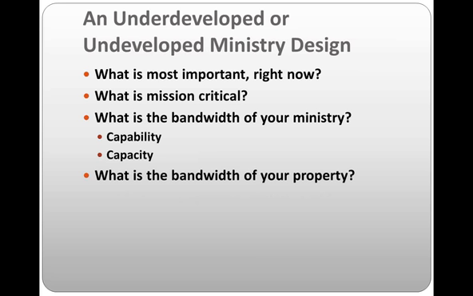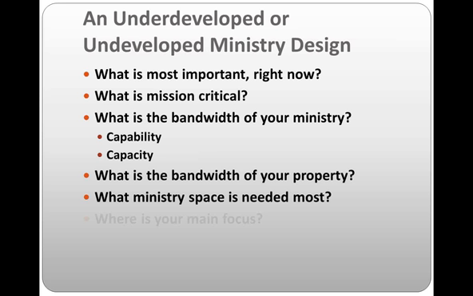As you look at your property, you've got to marry together the bandwidth of both your ministry and your property. And so when you look at this, what ministry space is needed most to carry out what is mission critical? Do you have it, or do you need to add some or repurpose certain areas of your existing facility?